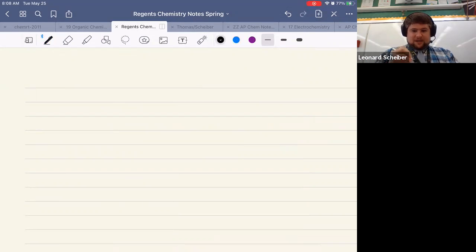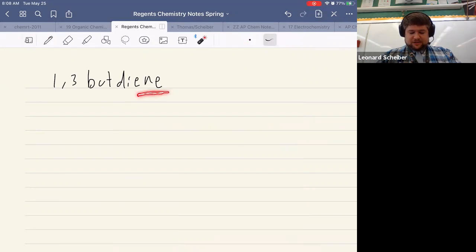So look at 1,3-butadiene. This is a little bit tricky because the ene at the end tells us the double bond, but the numbers tell us where it is, right? So we would read this as there are 2 enes, 2 double bonds.